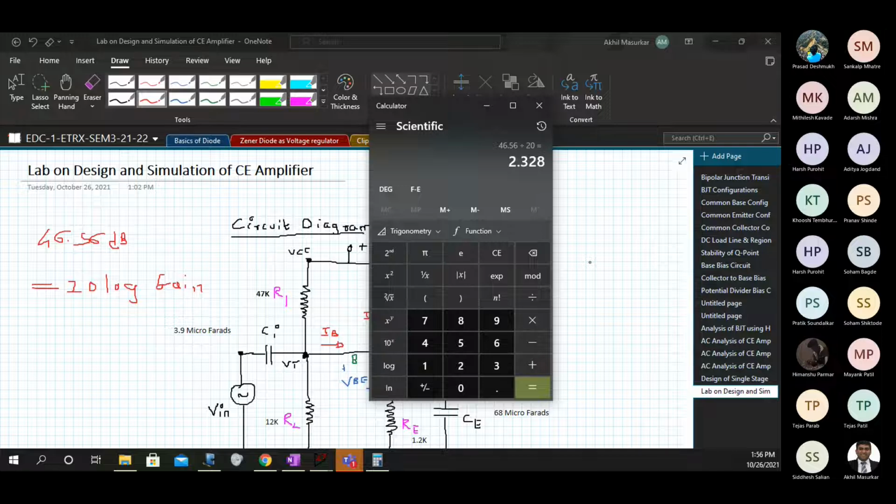And the anti-log of this is going to be the gain.